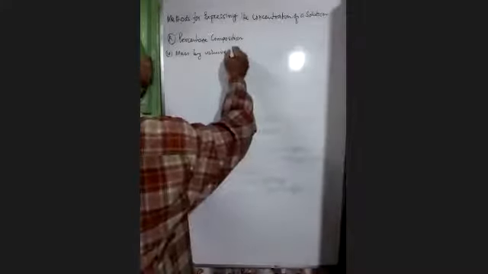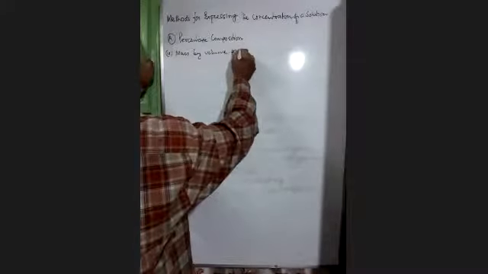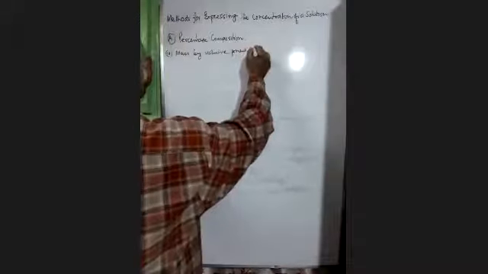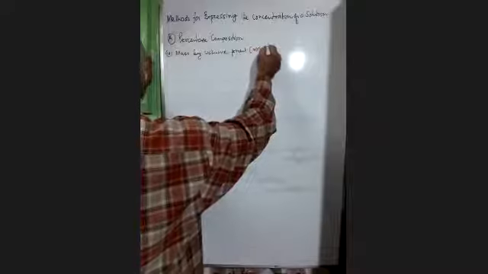This is called mass by volume. Generally, you follow this one, mass by volume percent. Okay, that is what we call W by V percent.